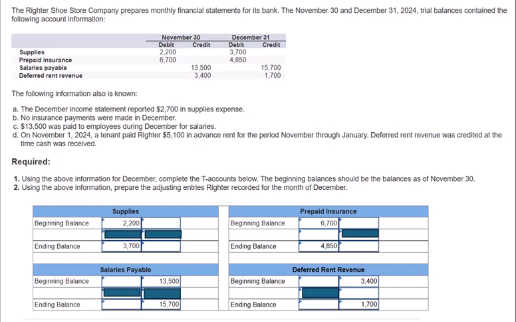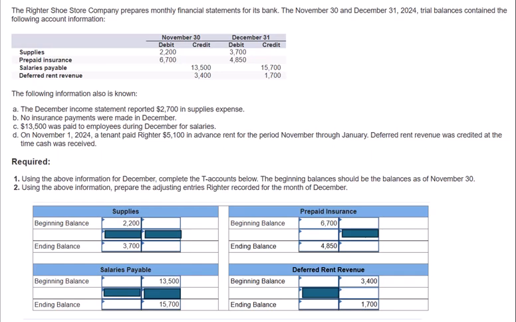All right, so now when we look at that first transaction, December income statement reported $2,700 of supplies expense. All right, if we started with $2,200 and we ended with $3,700, that means we must have purchased additional supplies to get us to $3,700, and then we had to use various supplies during the period.